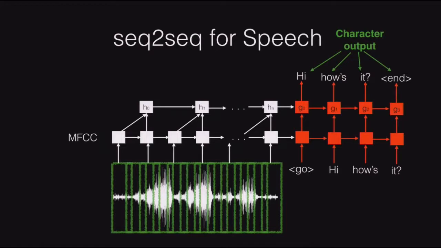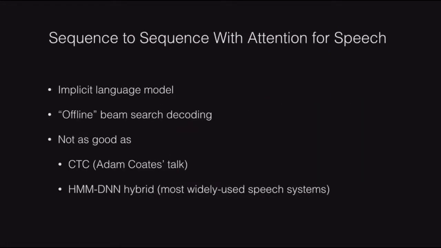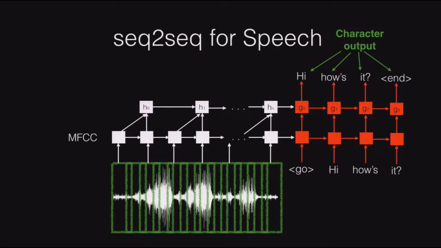We're working on an implementation where the output is actually characters, like in Baidu's work with CTC. The strength of this algorithm is that it has an implicit language model in the output. When I have the word how, it's conditioned on hi and what came before, including the input.